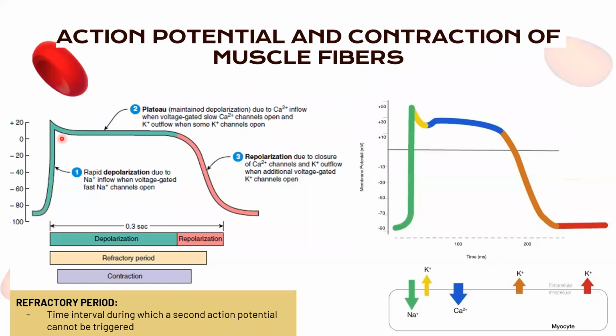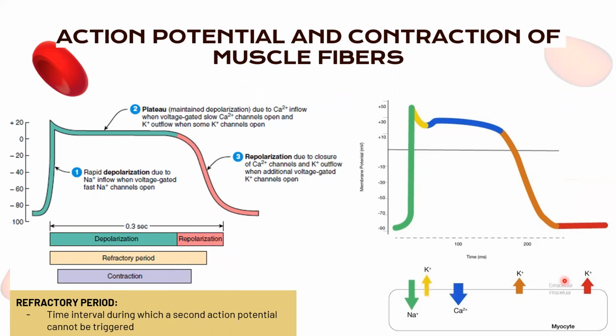There would be depolarization, or the contraction of your heart, and then repolarization. The refractory period is the time interval during which a second action potential cannot be triggered. So the second action potential, the one following the first, can only happen during the repolarization phase.